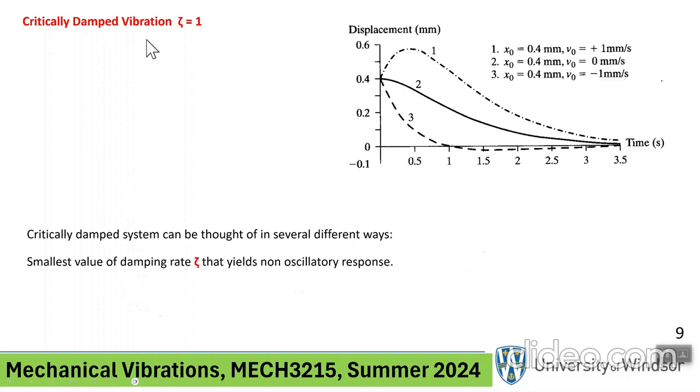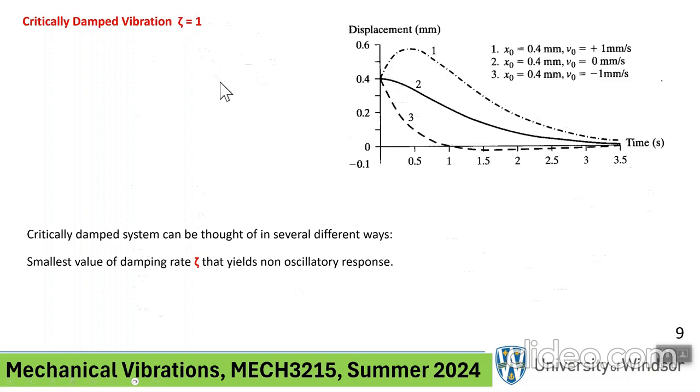It is the smallest value of zeta that gives you a non-oscillatory solution. This zeta equal to 1 is the smallest value that you can have so that you don't have any oscillation. Because remember, anything smaller than 1 is going to have oscillation. If zeta is anything bigger than 1, it also damps out without oscillation.